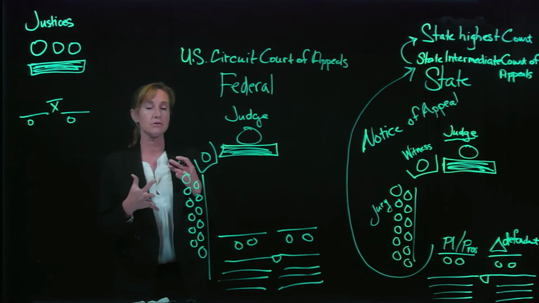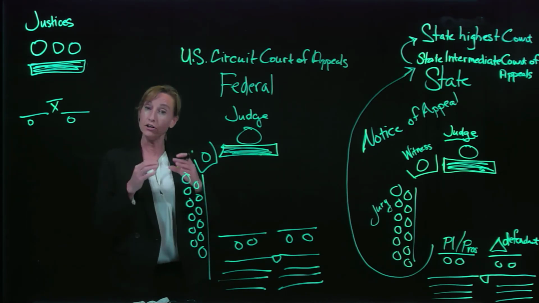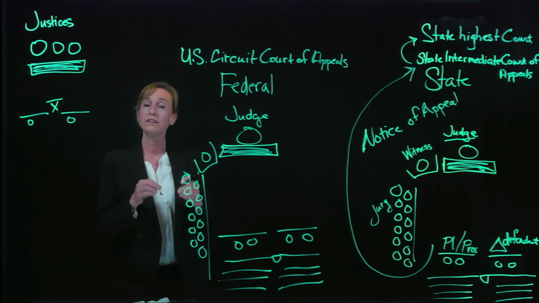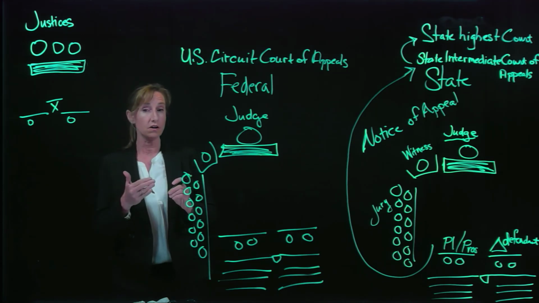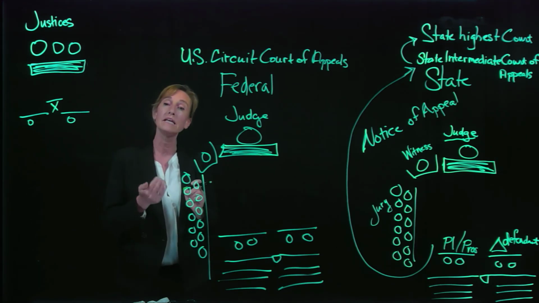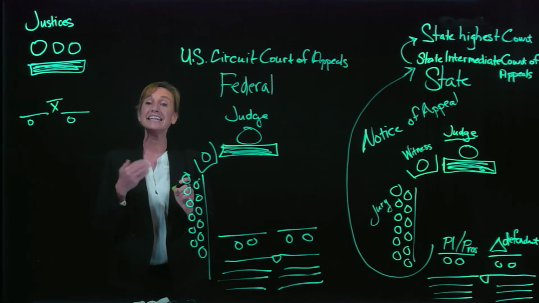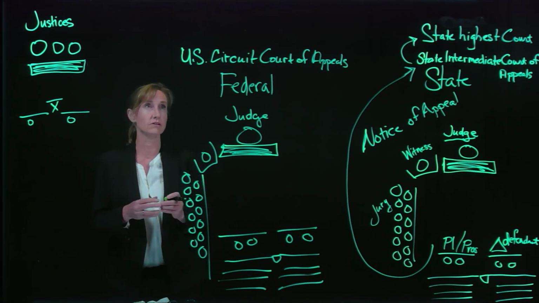So, for example, if the trial occurred in Houston, Texas, the federal courthouse in Houston, then the party seeking an appeal would file with the Fifth Circuit Court of Appeals. If the trial occurred in Arkansas, federal court in Arkansas, the party losing would file an appeal with the Eighth Circuit Court of Appeals. In California, the Ninth Circuit Court of Appeals. In New York, the Second Circuit Court of Appeals.